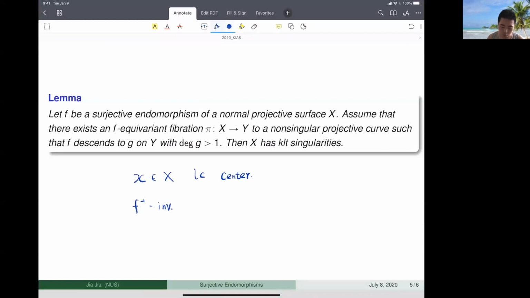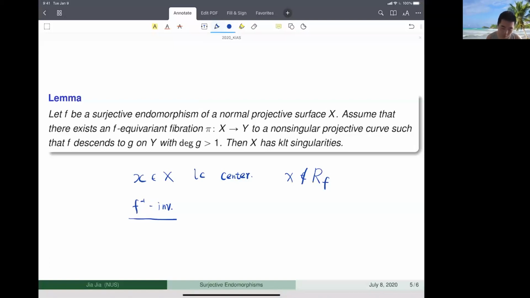Also, in that case, x is not in the ramification divisor of F. This is proved by Broustet and Hori. x is not in the ramification divisor, and we know this x is F invariant.